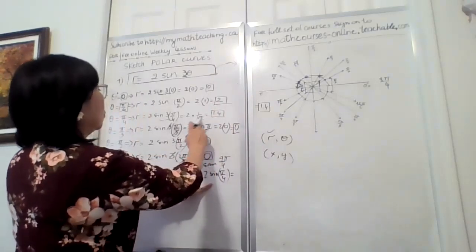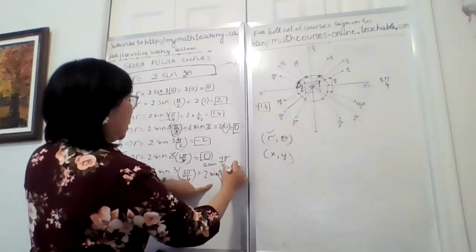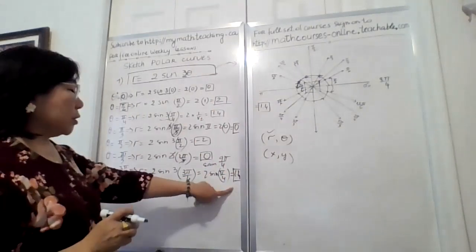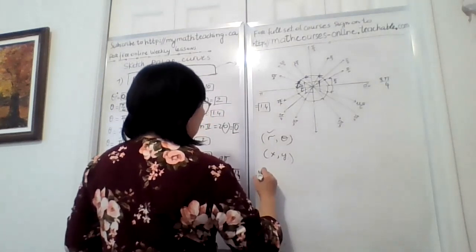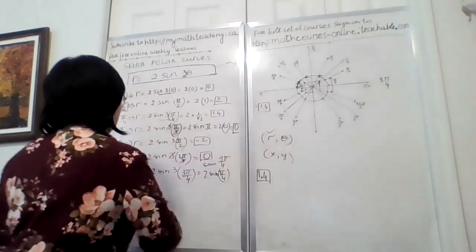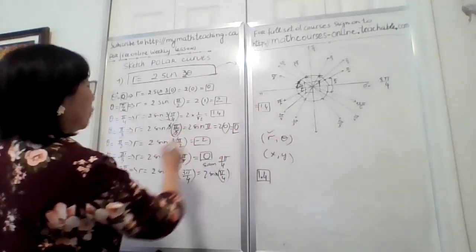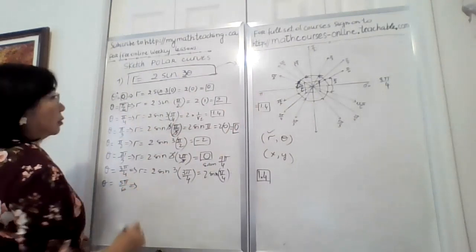And 2 times 1 over square root 2 is 1.4. That is still a positive value, right? This value is 1.4, okay? Mark it here.